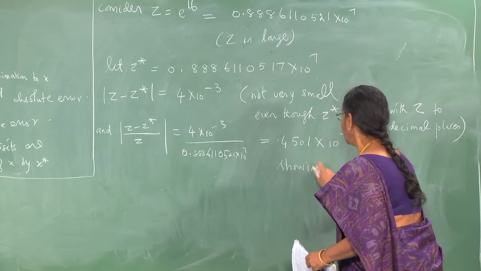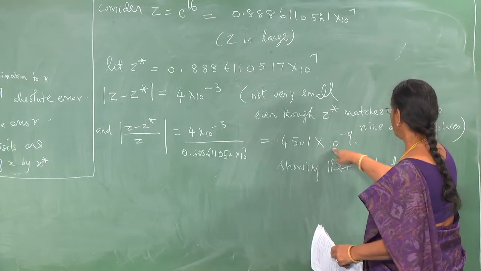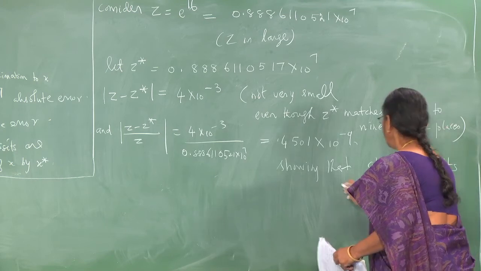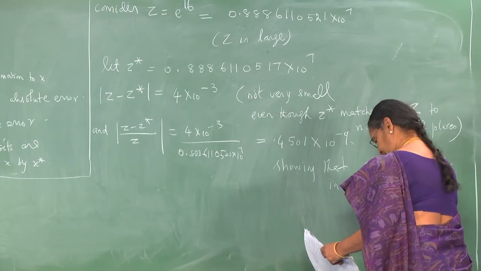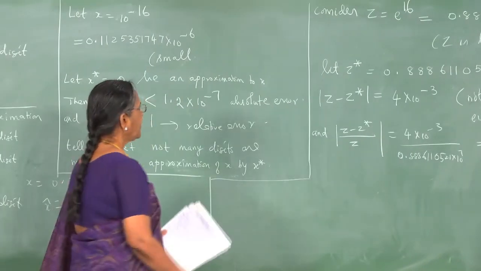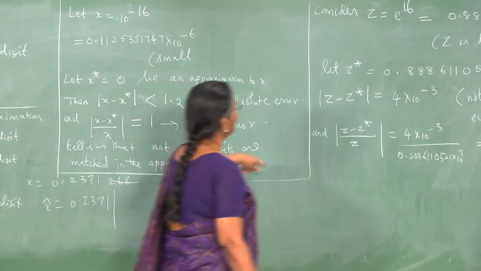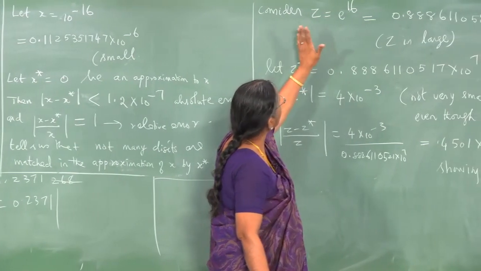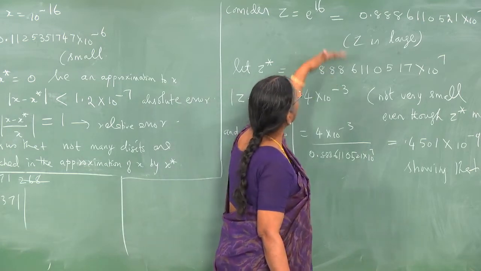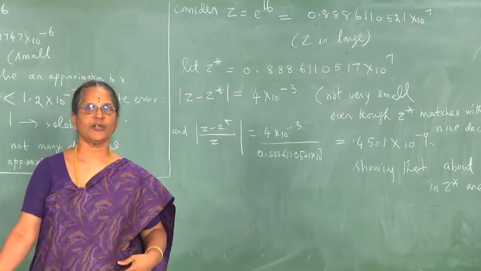What does this show? This shows that about 9 digits in z and z star are correct. So, as I said earlier, you are able to show that in this case z is very large, and looking at z star you will immediately think that your absolute error is going to be a very, very small quantity.